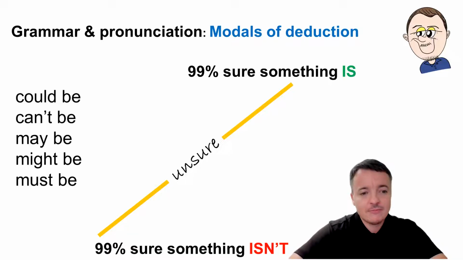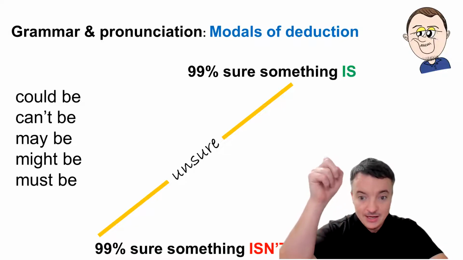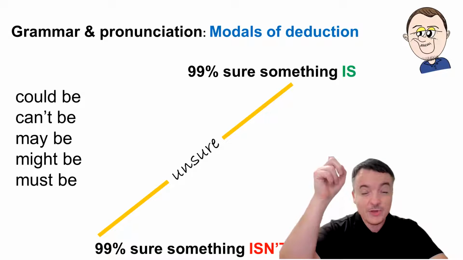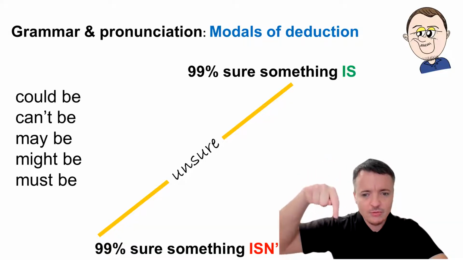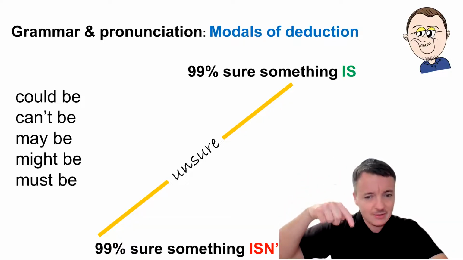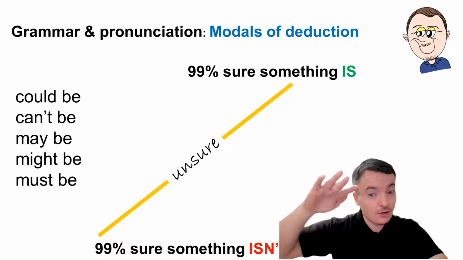So have a look on the left. Could be, can't be, maybe, might be, must be. Do we use those to describe something is? Are we sure something is? Or sure something isn't? Or unsure?